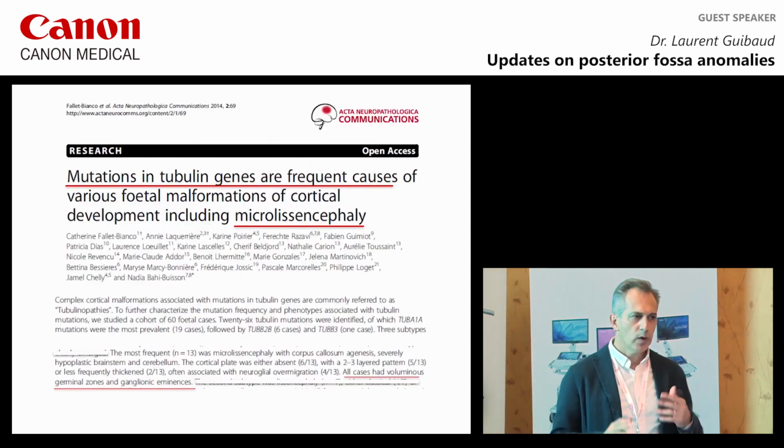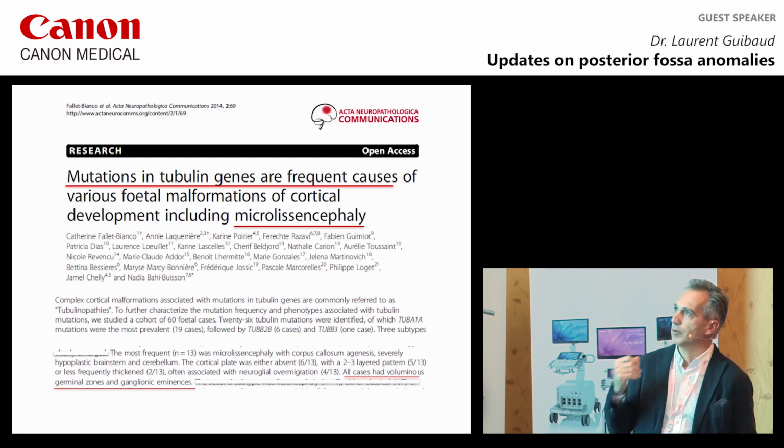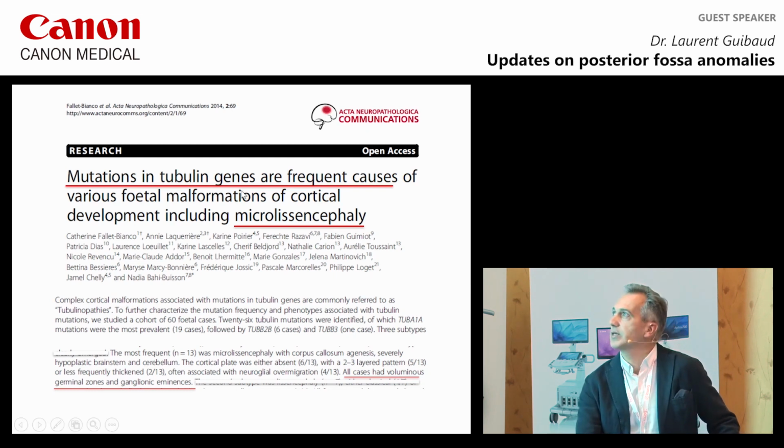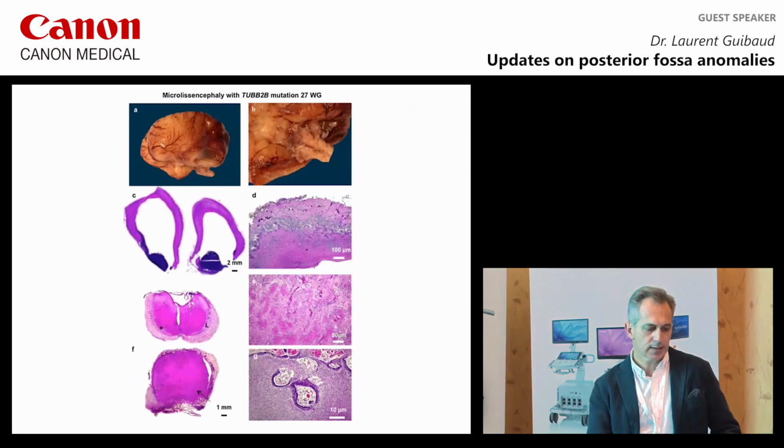We reported this case in a series of abnormal Sylvian fissures, but at that time, we didn't know the genes. Because of that, we recently looked at an article about mutations in tubulin genes, which give, in the most severe cases, microencephaly and also voluminous germinal zone and ganglionic eminence, but also brainstem dysgenesis. This kind of case you can see here in the publication with the voluminous germinal matrix.